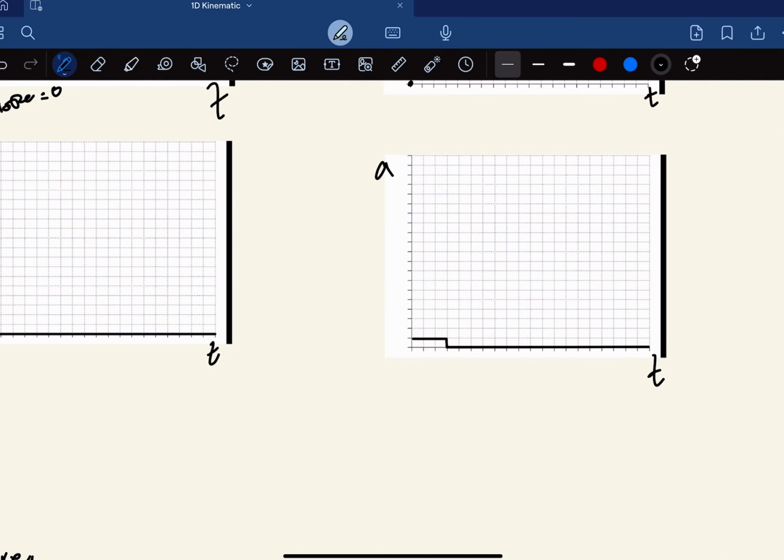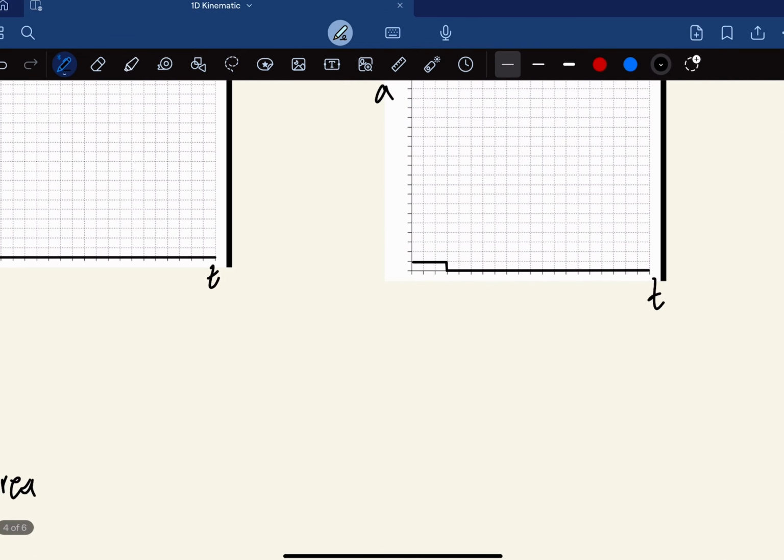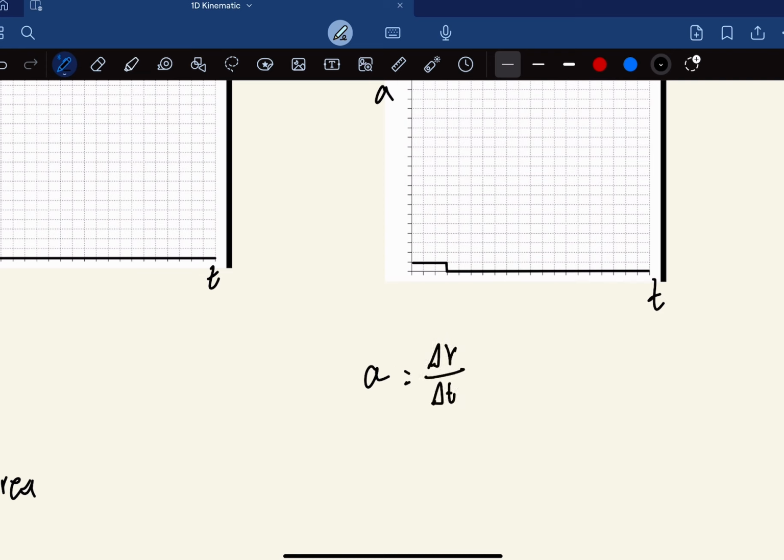So we are given the acceleration for this graph, and we need to find velocity and distance. So we have a equals delta v over delta t. Delta v equals a times delta t.